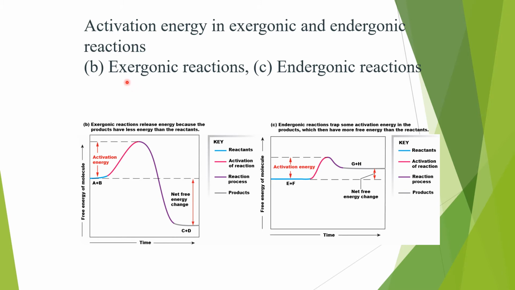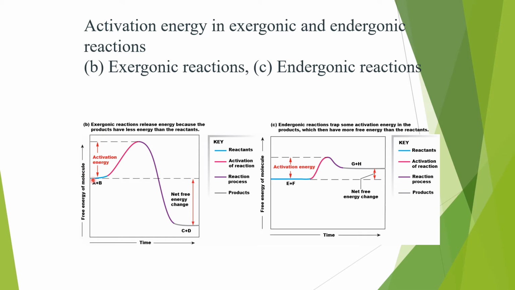Now, what does it mean, exergonic? One more time, what does it mean when I say energy is being released? It means that your reactants are actually losing energy for the reaction to take place.